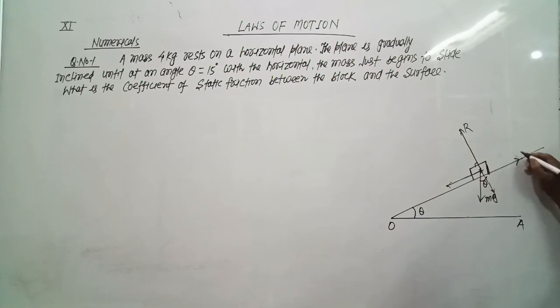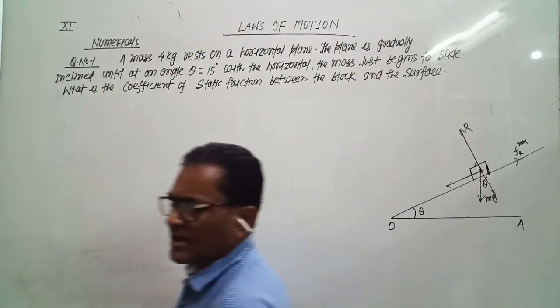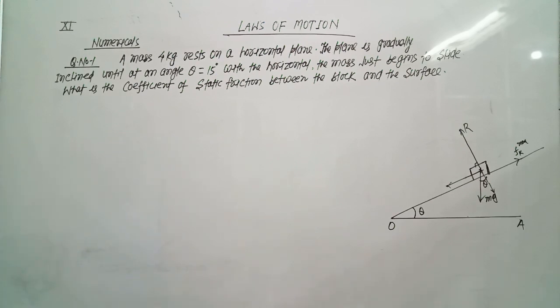So Fk maximum means kinetic friction. When theta equals 15 degrees, then the body started to slide down.